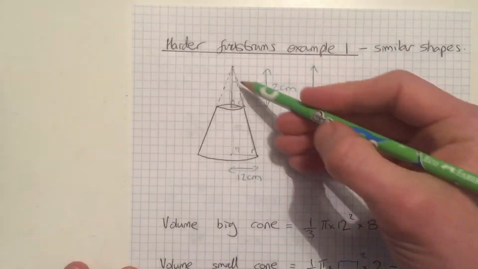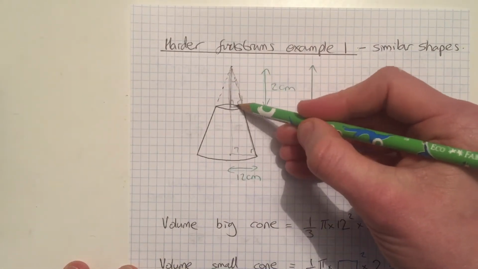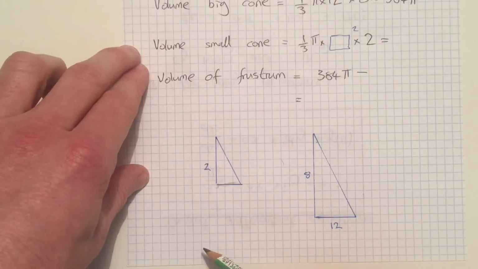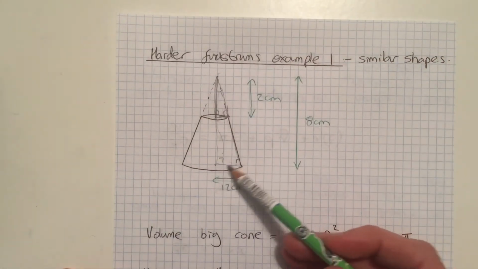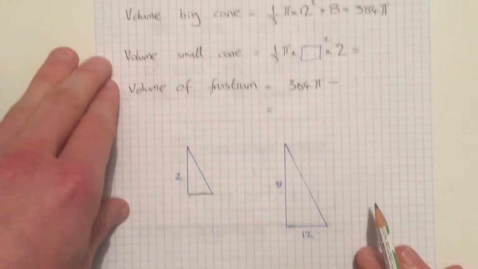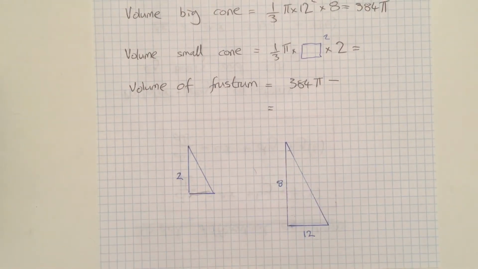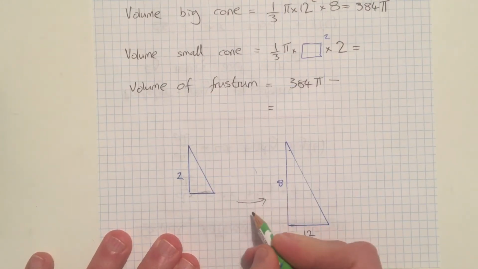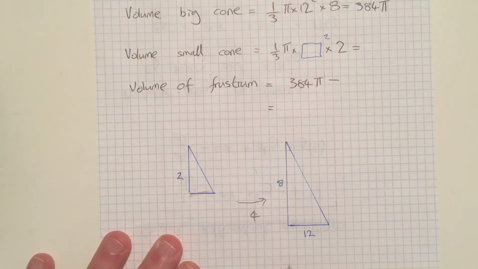So I know the small triangle has got a height of 2, and I don't know what its base is. The big triangle has got a height of 8, and the base is 12. Now, I know these triangles, like I said before, are similar, and so now clearly I can see that the scale factor here is 4. 2 times 4 is 8, or just 8 divided by 2 is 4.